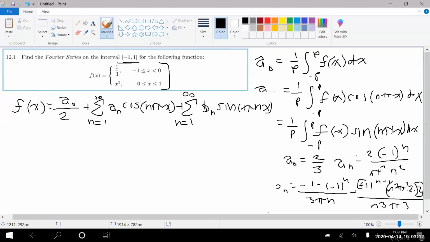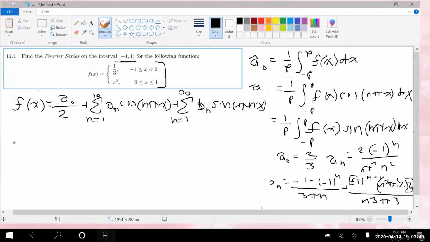Okay, now we can plug in the values that we have.